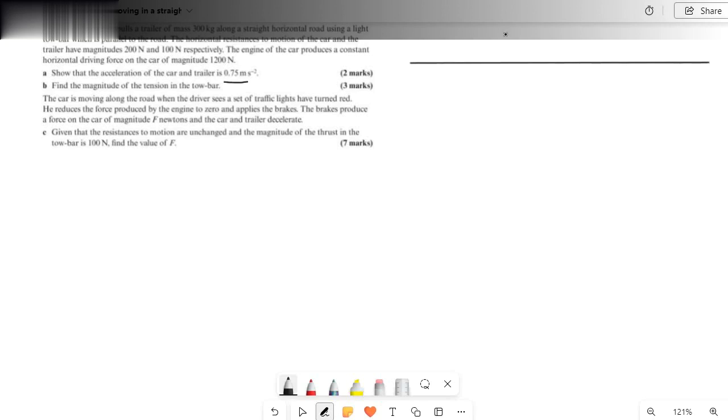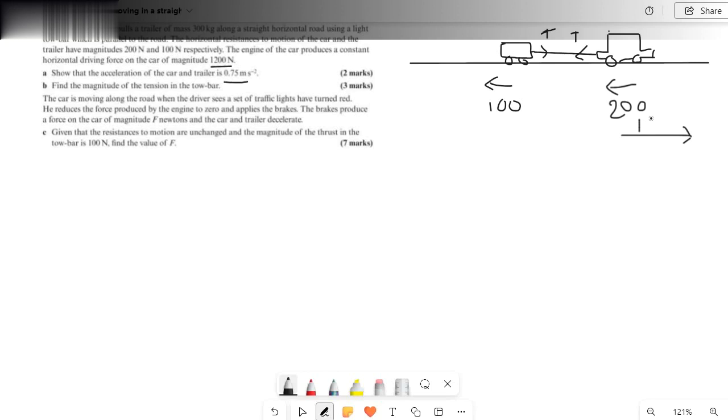First we have to draw a diagram of the system, which is something like this. If this is the road, then assuming this is the car, which is pulling a trailer using a rod, and assuming this is the trailer, there should be tension here as well as a tension here, because the car has a resistive force of 200 newtons and the trailer has 100, and the engine has a force of 1200 newtons to the right, the driving force.